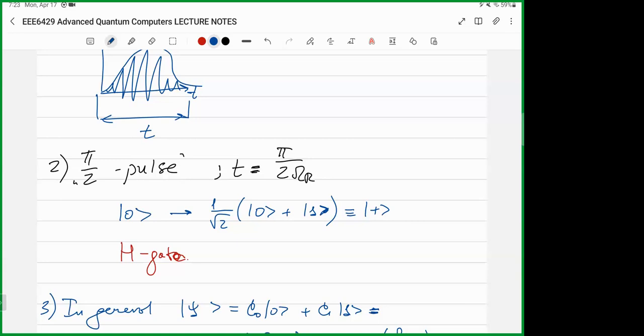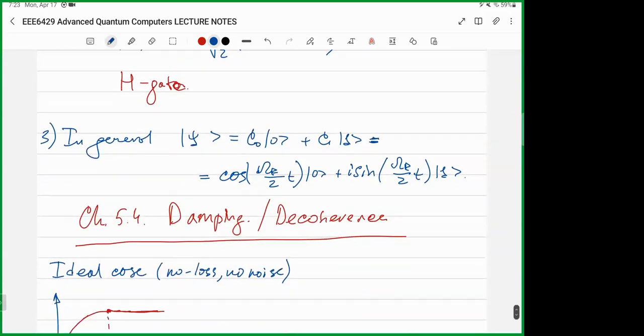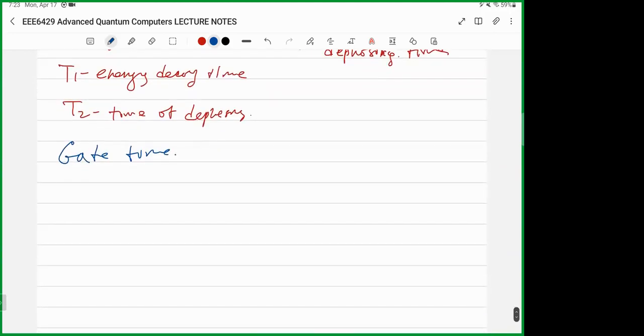So this gate time would be around pi over 2 time duration, which of course depends on the Rabi frequency, dipole moment, electric field. So gate time, the time that a qubit requires to perform the operation.